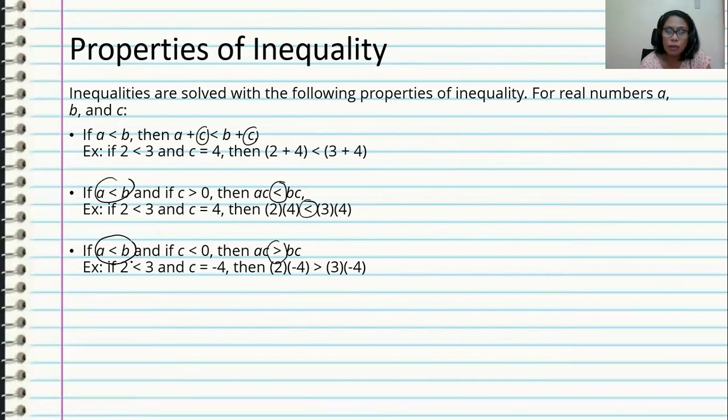For example, whenever a equals 2, b equals 3, and we assign c equals negative 4, which is less than 0, then as we multiply both 2 and 3 by negative 4, we have to reverse the inequality. So we come up with negative 8 is greater than negative 12. We know that as negative integers increase, the value decreases. Therefore, negative 8 is greater than negative 12.